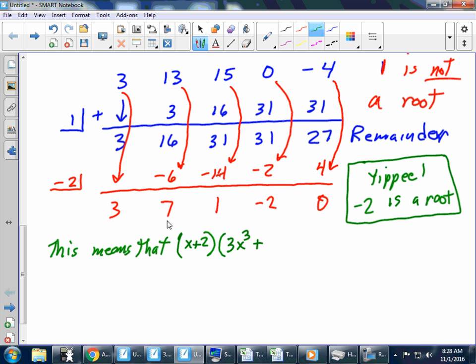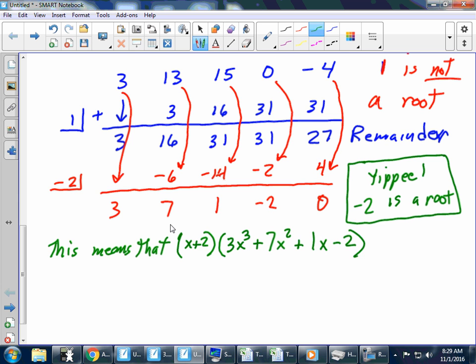It'd be right here. 7, what? 7x squared, good, plus 1x minus 2.